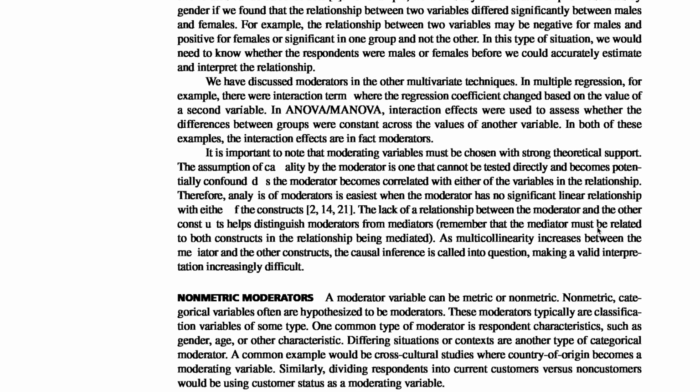The lack of relationship between the moderator and the other constructs helps distinguish moderators from mediators. Remember that a mediator must be related to both constructs in the relationship being mediated. As multicollinearity increases between the mediator and the other constructs, the causal inference is called into question, making a valid interpretation increasingly difficult.